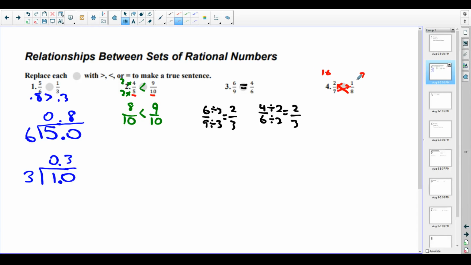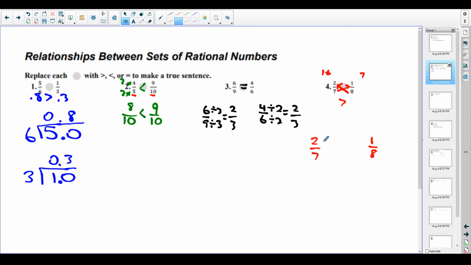And then we say which of those cross products is bigger? We say 16 is, so 2/7 is greater than 1/8. Okay? The reason why I don't recommend this is because it sort of skips a logical step here, which is what they did here is when you multiply by 8 and 7, you're actually rewriting the fractions.